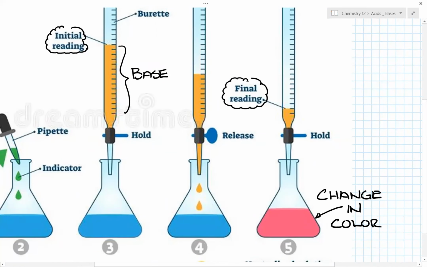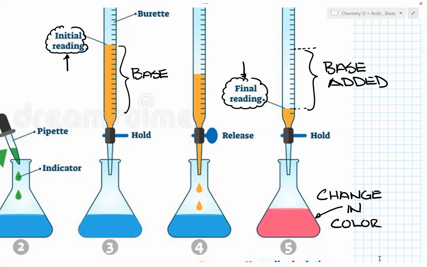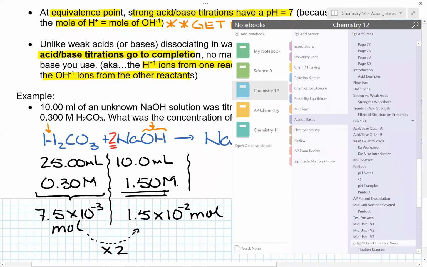And so the difference between your initial reading and your final reading tells you how much base you added. And once you get all of that information, you plug it into your stoichiometry questions, and you calculate the concentration.